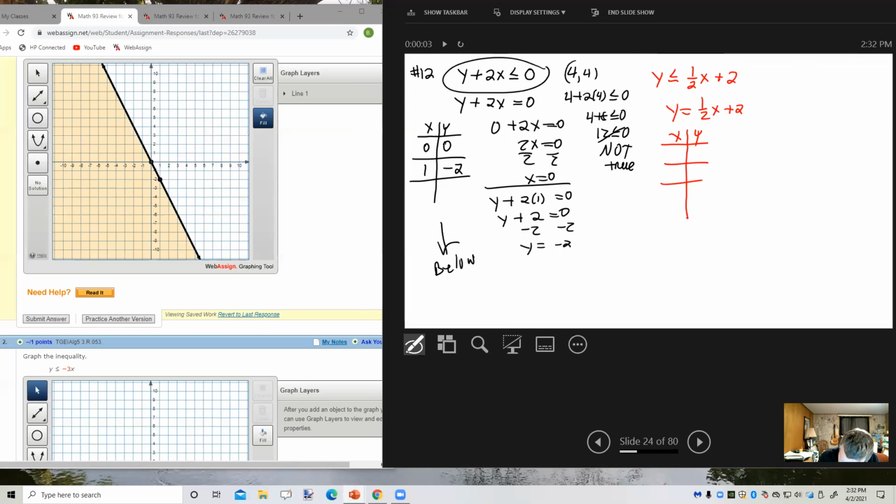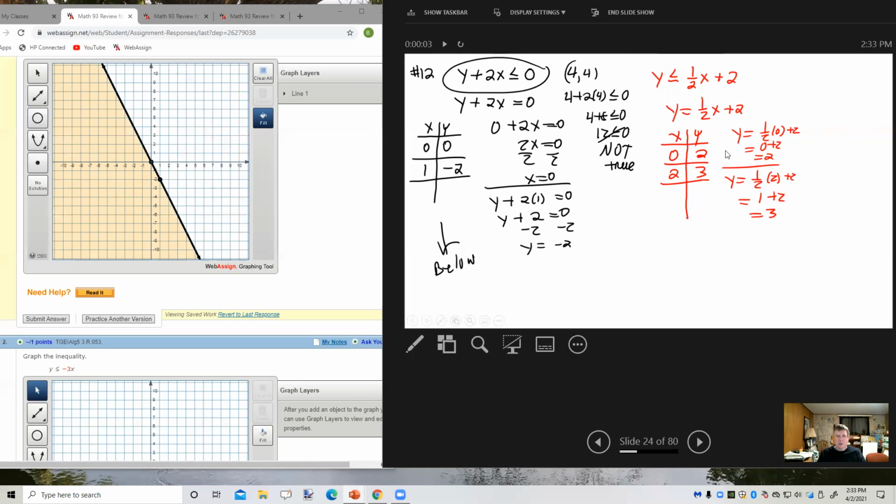So let's start with x is 0. So then we're going to get y equals 1/2 times 0 plus 2, which is 0 plus 2, which is 2. And then let's let x equal 2. So then y equals 1/2 times 2 plus 2. 1/2 times 2 reduces down to 1, and 1 plus 2 is 3.